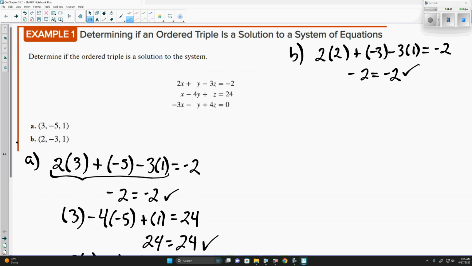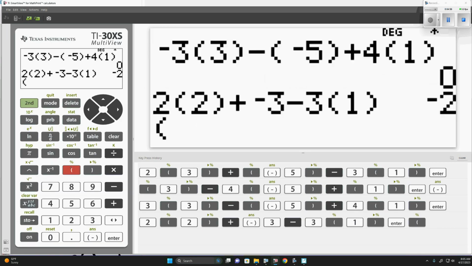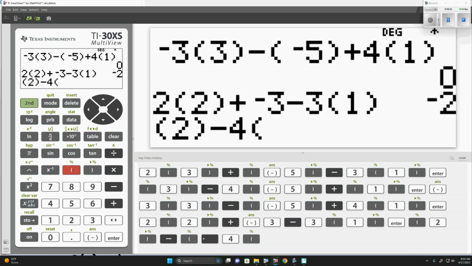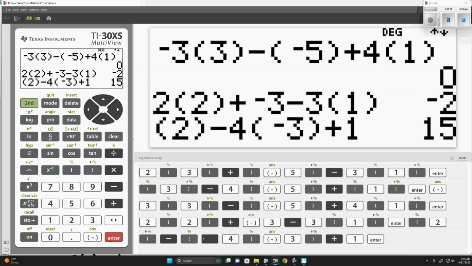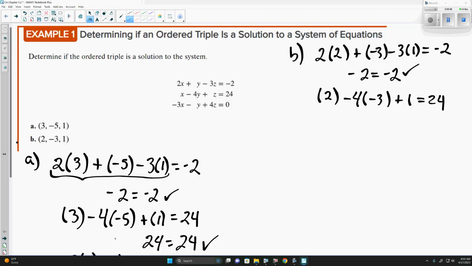Then we can move on to the second and say 2 minus 4 times negative 3 plus 1 is equal to 24. And in the calculator, we can say 2 minus 4 times negative 3 plus 1 is 15.